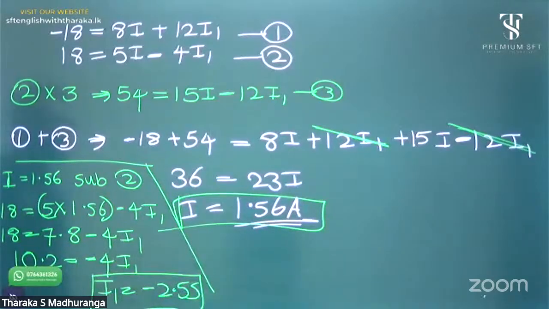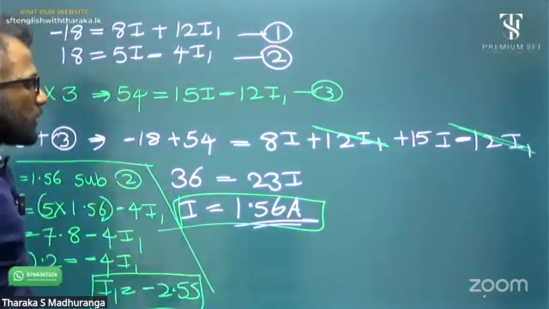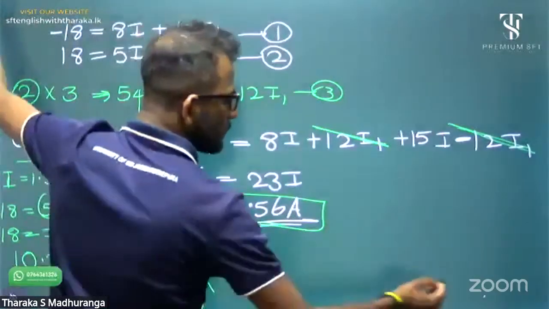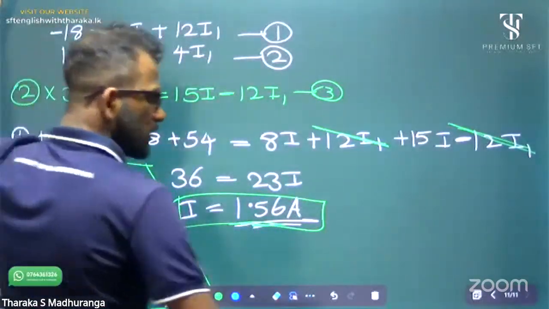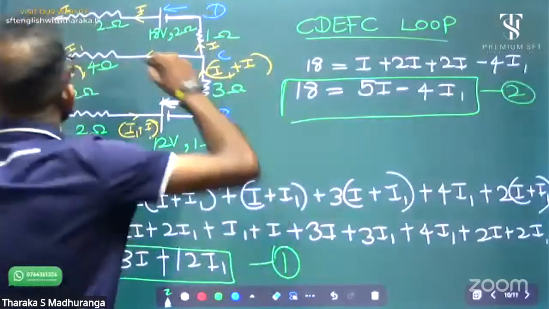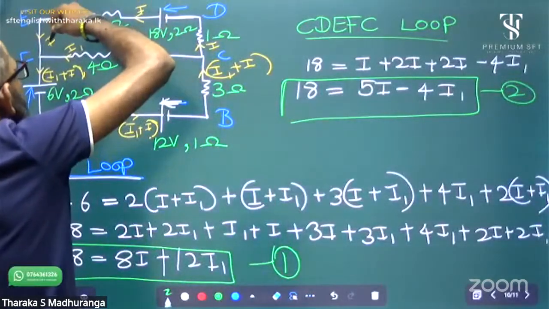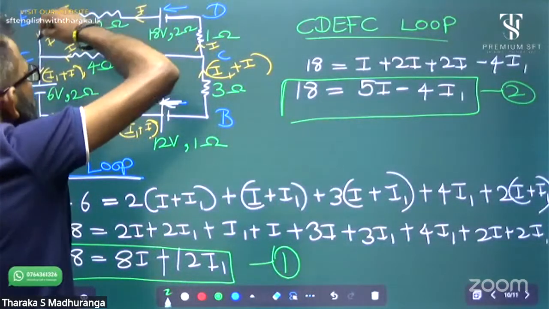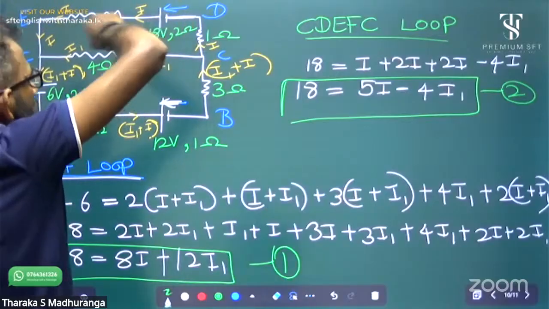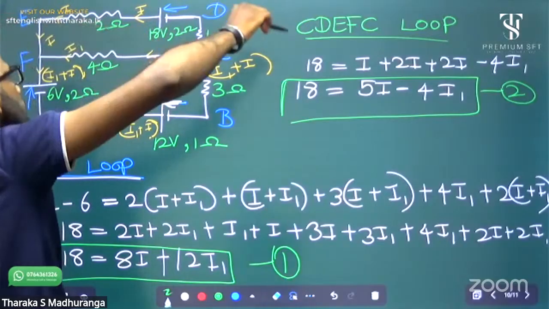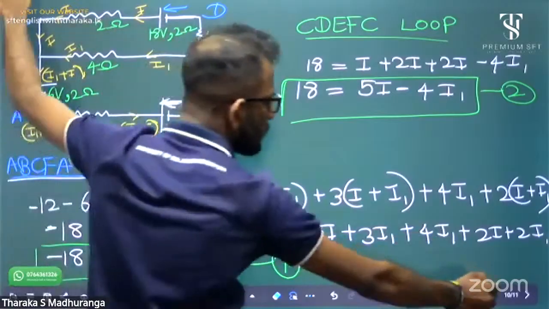Okay, then I equals 1.56 ampere. But I1 does not flow in this direction. I1 flows to the right side direction because it is a minus value.